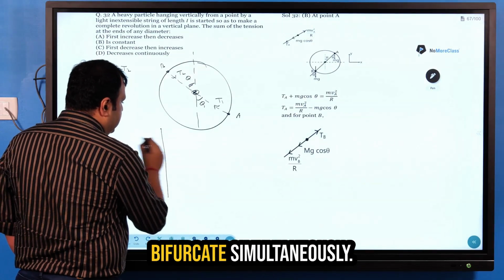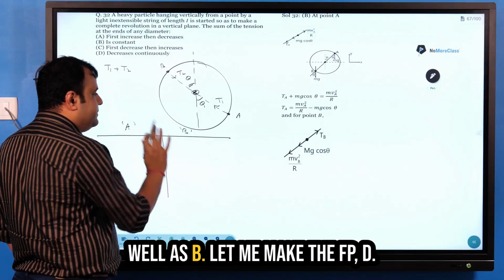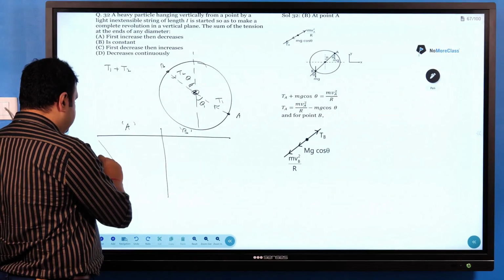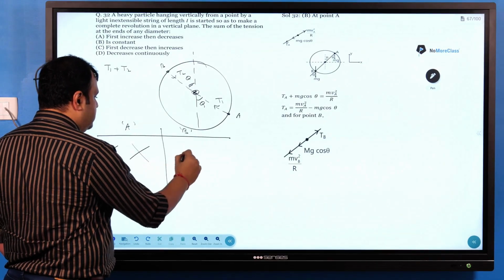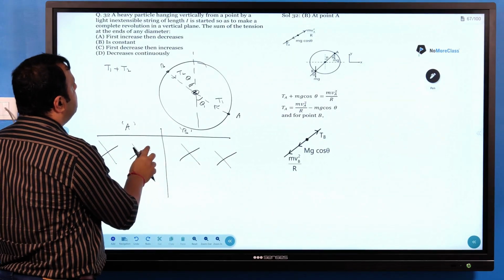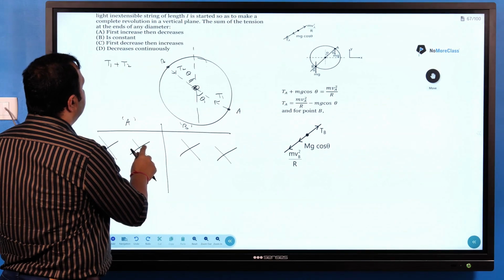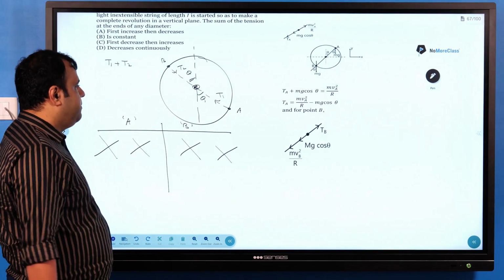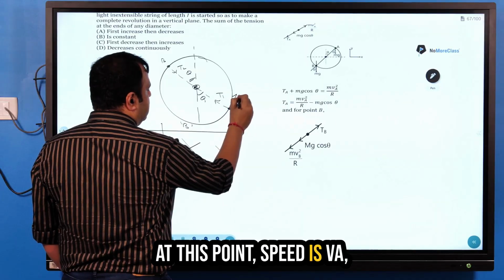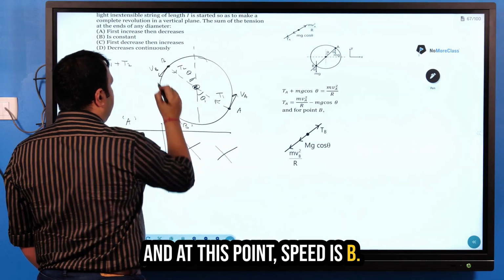I'll be solving simultaneously at both ends, A as well as B. At this point, speed is VA, and at this point, speed is VB.